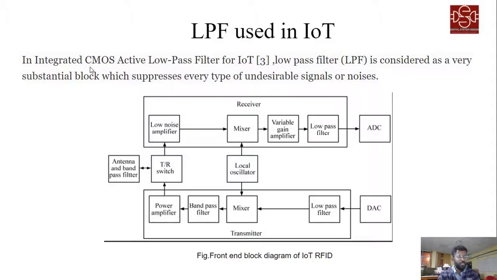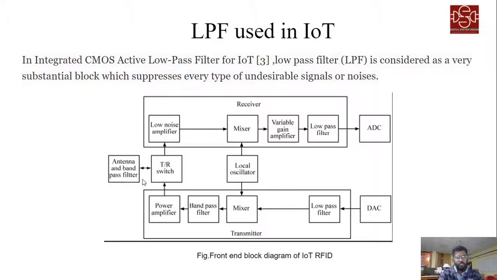The name is the integrated CMOS active low pass filter for IoT, where the low pass filter is considered a very sustainable block. It suppresses every type of undesirable signal and noise. So in this IoT application of RFID, the low pass filter plays an important role.